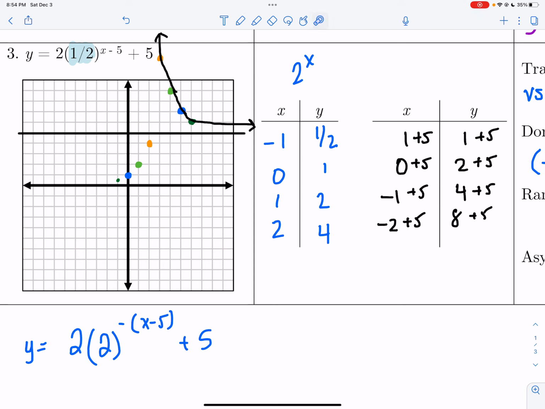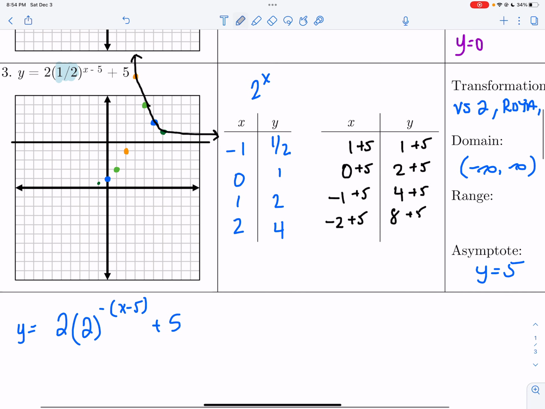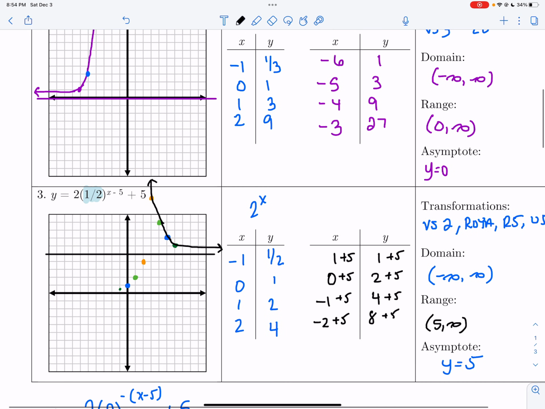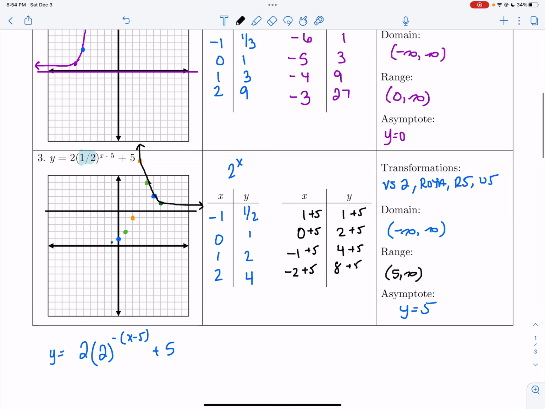So this gives you 6, 6, which is this dark green thing. You have 5, 7, which is this blue. You have 4, 9, which is this green. And then you have 3, 13, which is this orange right here. This gives us a range of 5 to infinity. So that's basically a short TLDR on exponential functions.